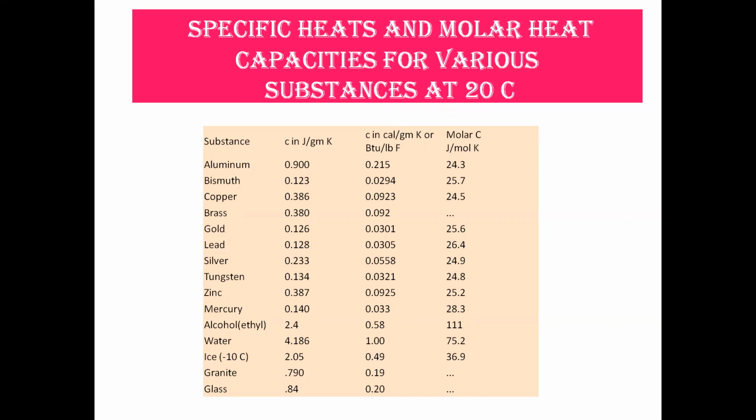Here are some substances such as aluminum, bismuth, copper, brass, gold, lead, silver, tungsten, etc., which you will come across while solving problems. While solving problems, we have to use these values for getting an approximate solution.